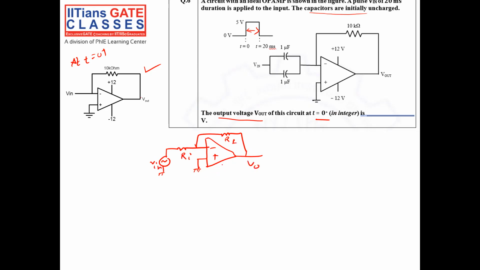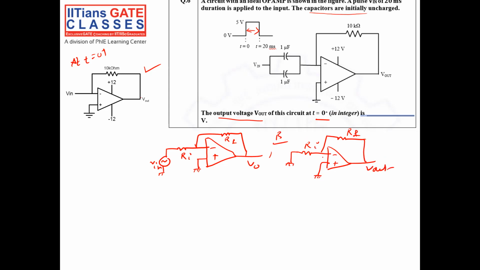If I want to calculate the feedback from V output to the negative terminal, I have to short my V in. For calculating the feedback factor beta, I have to short the input. This is my RI, then there is RF, and this is my V out.